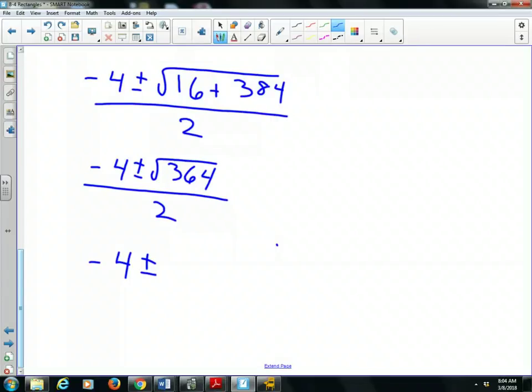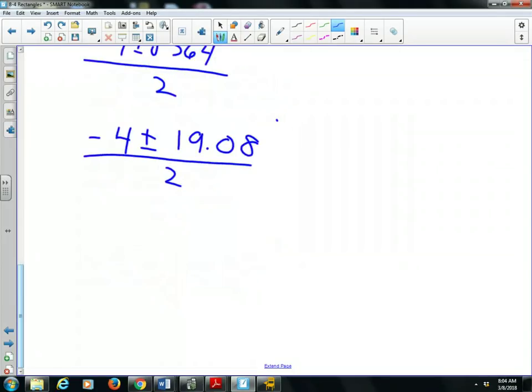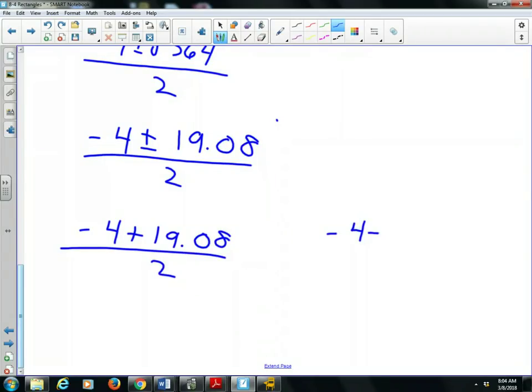Negative 4 plus or minus 19.08, all over 2. So we'll get 2 different answers for this. One answer is negative 4 plus 19.08 divided by 2, and the other answer is negative 4 minus 19.08 all over 2.